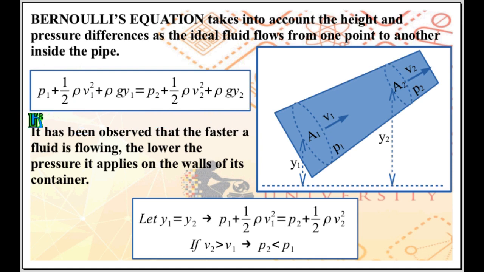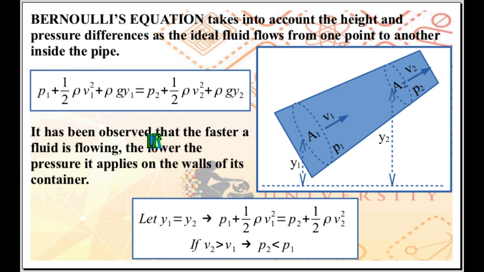So this is basically conservation of energy expressed in terms of the fluid flow, in terms of pressure and speed of the fluid as well as the height of the fluid. It has been observed from this equation that the faster a fluid is flowing, the lower the pressure that it applies on the walls of its container. For simplicity, let's say Y1 is equal to Y2.